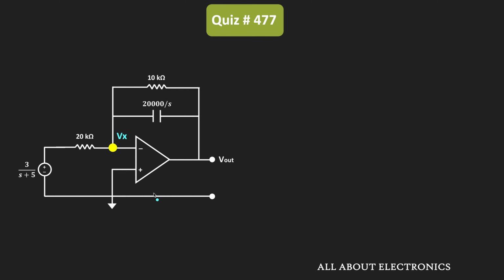As you can see, the op-amp is used with negative feedback, so we can apply the concept of the virtual ground. That means V plus is the same as V minus; the voltage at the inverting and non-inverting terminals of the op-amp will remain the same. Here, V plus is equal to 0, so V minus will also remain 0, or equivalently, Vx is also equal to 0.